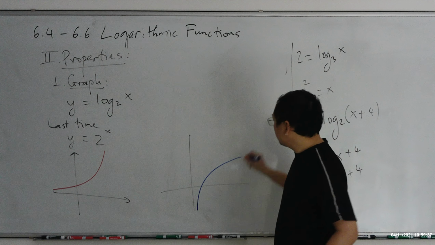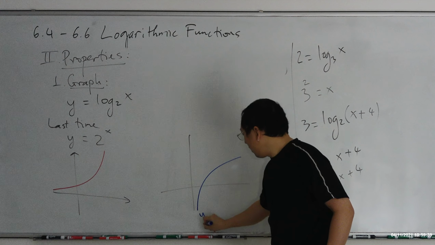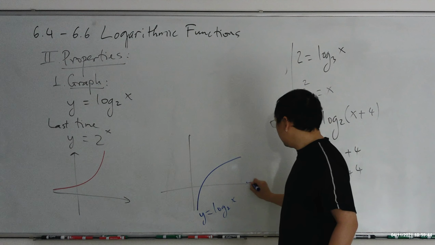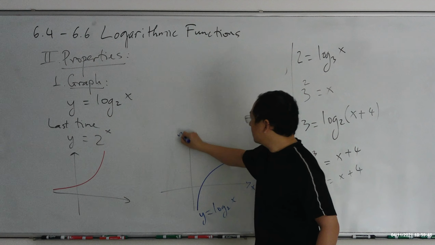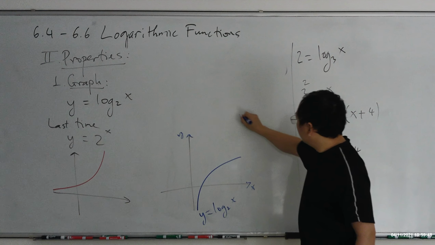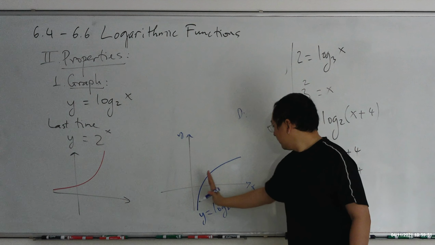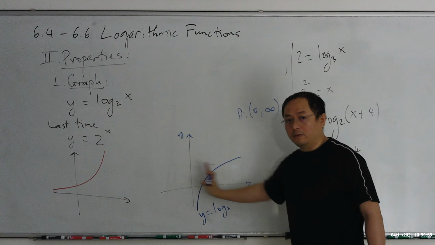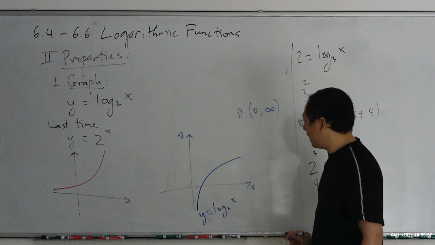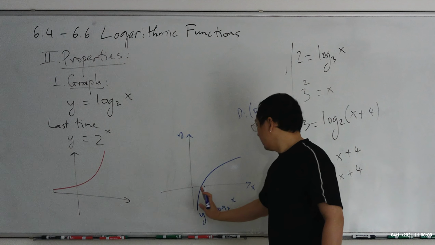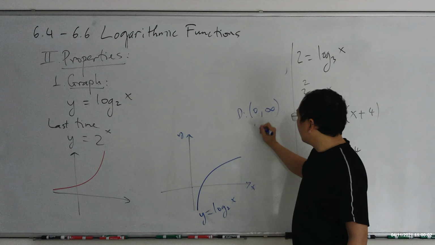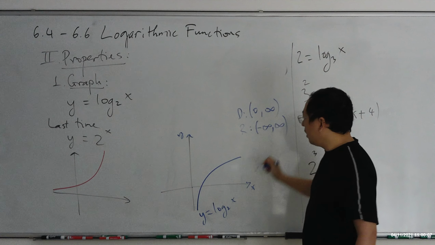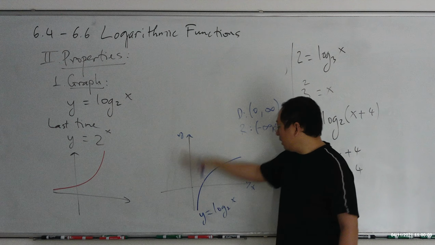Let's talk about the domain of this log function. This is the equation y equals log base 2 of x. This is the x-axis, and this is the y-axis. The domain of this one is what? Talk about the x values: 0 to infinity. Moving left and right, it cannot pass the y-axis, so x is bigger than 0. 0 to infinity, not including 0. The range is from negative infinity to positive infinity, all real numbers, all the way down, all the way up.